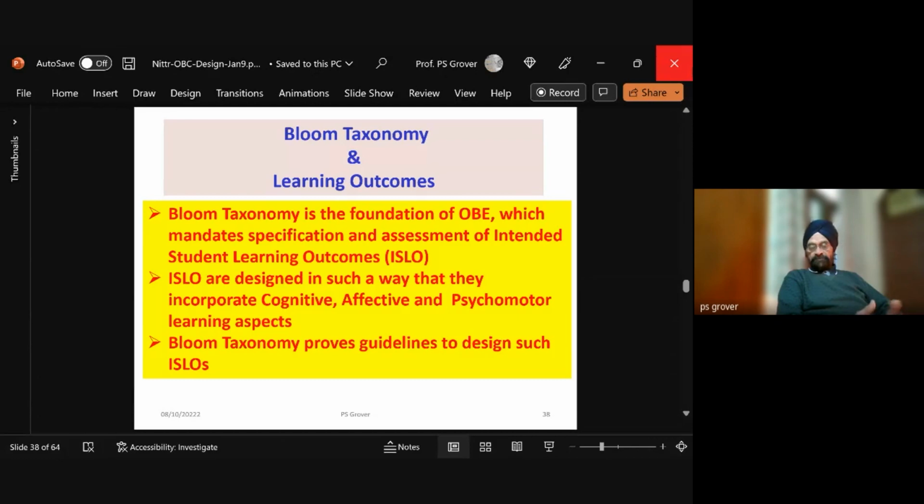This is what NEP also emphasizes. This is also what our value-based education is. So, in order that we incorporate these into our student teaching and learning, Bloom taxonomy gives us guidelines.